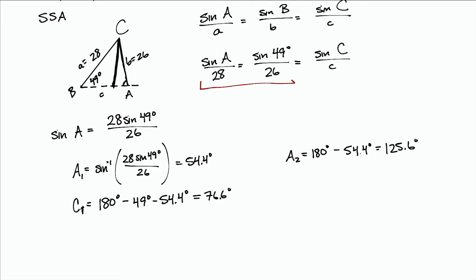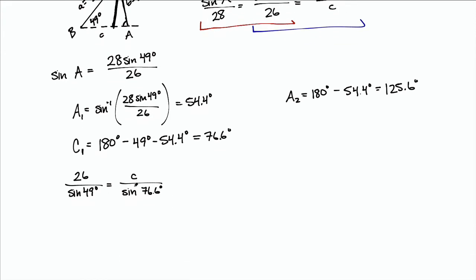Now that I have that angle C, I can go back and plug it into my law of sines. I'm going to use this equation now to solve for the side length C. And because I'm solving for the side, I'm actually going to flip those fractions and do 26 over sine of 49 degrees equals C over the sine of the angle C, 76.6 degrees.